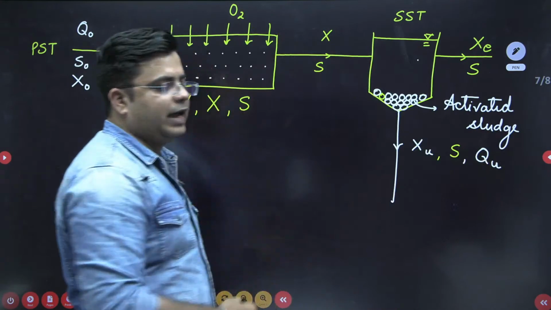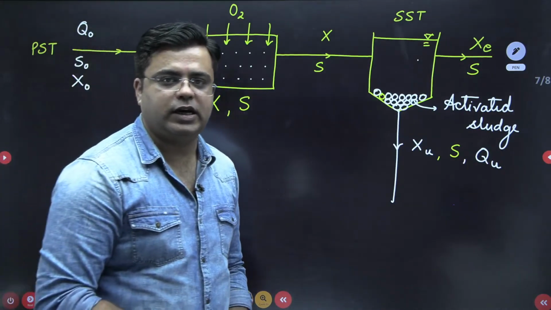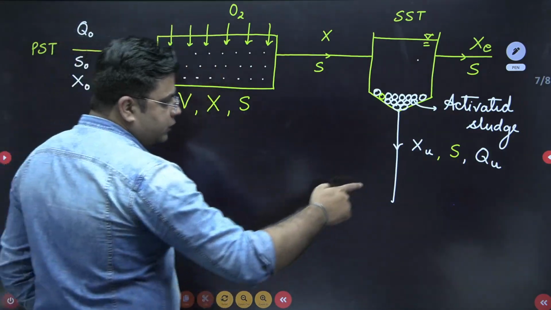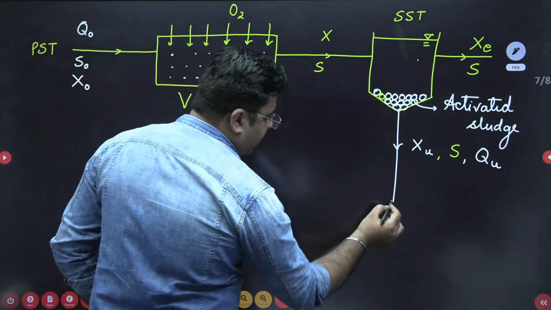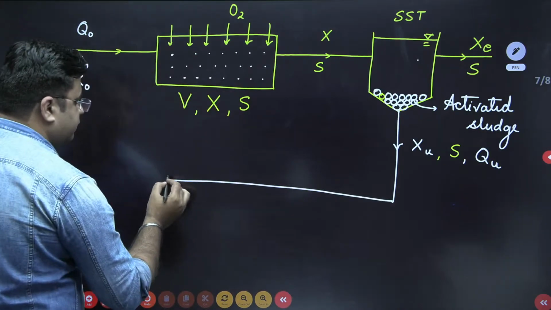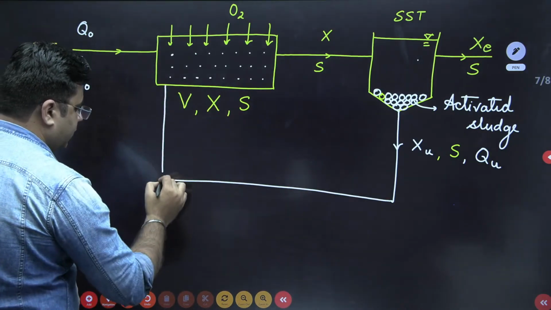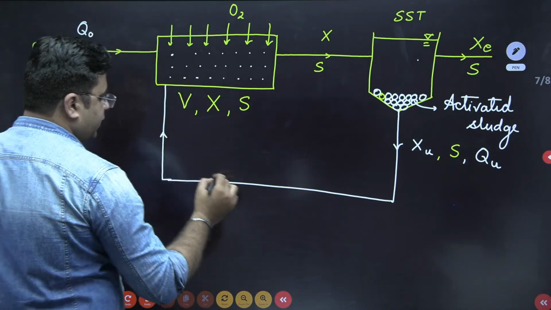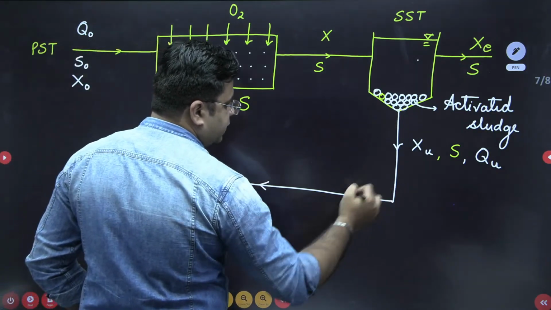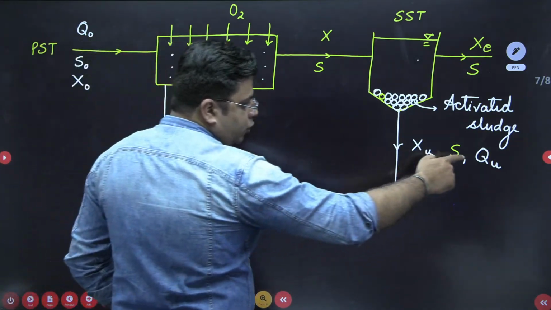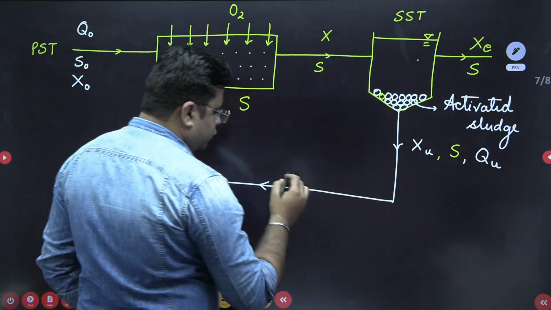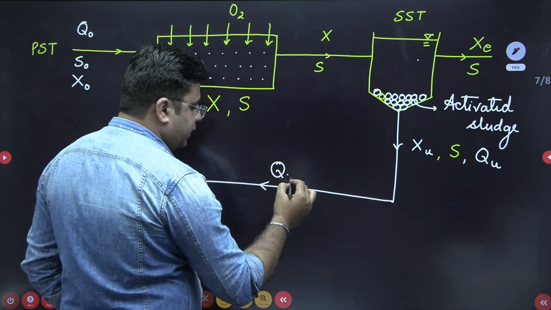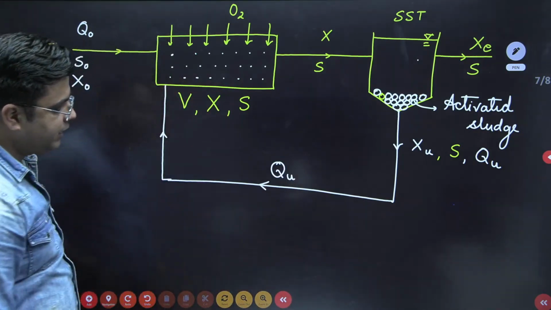QU is known as useful sludge discharge. Now, out of this QU, some amount of discharge is recirculated back into the aeration tank. So QU is the amount of discharge we are extracting from the secondary sedimentation tank.